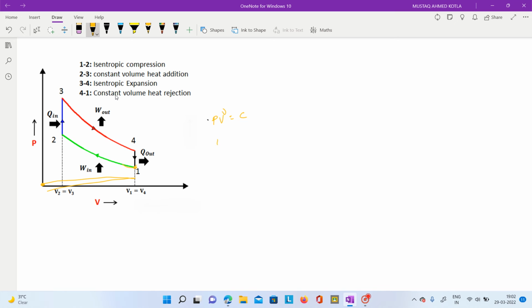That means P1 V1^gamma equals constant, and P2 V2^gamma also constant, right? Equate these, we get P1 V1^gamma equals P2 V2^gamma. Then P1 by P2 equals (V2 by V1)^gamma.